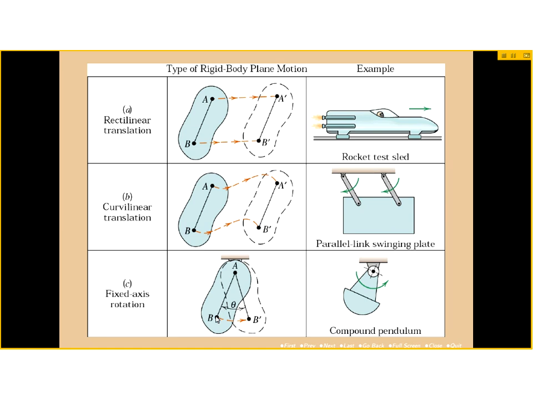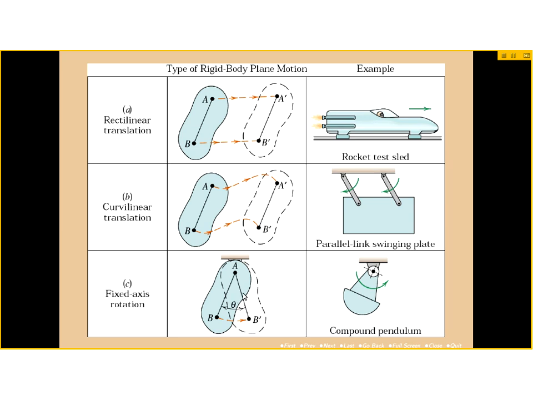We also see that the orientation of the line AB has changed to that of the line AB accent, and there's an angle theta between these two lines. So this is a case of fixed axis rotation, rotation about the fixed axis. In this case, the fixed axis is through the point A. I think the distinction between this and the two cases of translation that we had at the top is quite clear. An example of this is a compound pendulum.